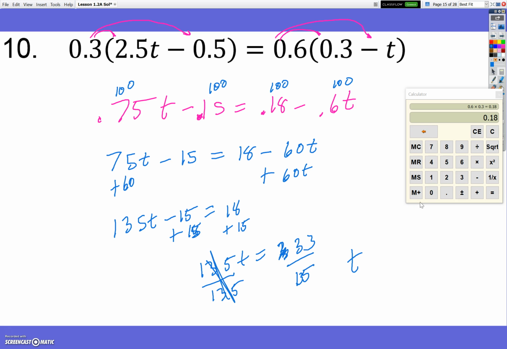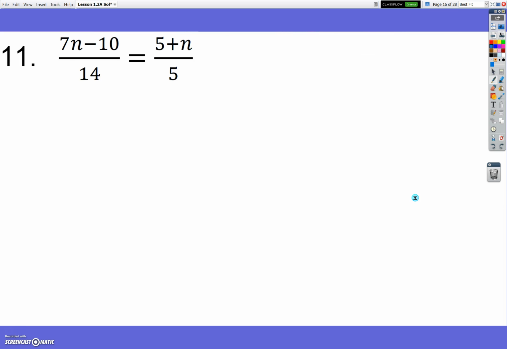And that will give me t equals 33 over 135. And to figure out what that is as a decimal, I'm just going to divide it like this. And that is going to equal 0.24 with the 4 repeating. Alright, so let's go ahead and look at the next one.